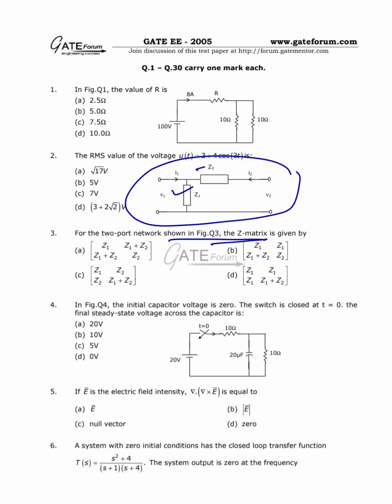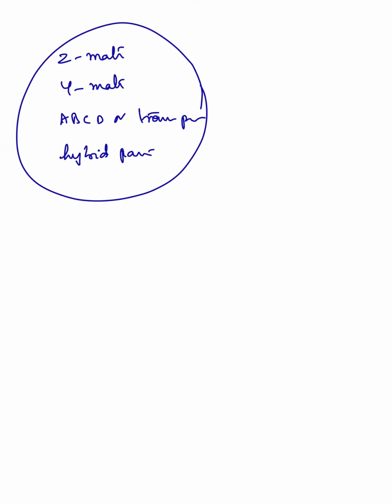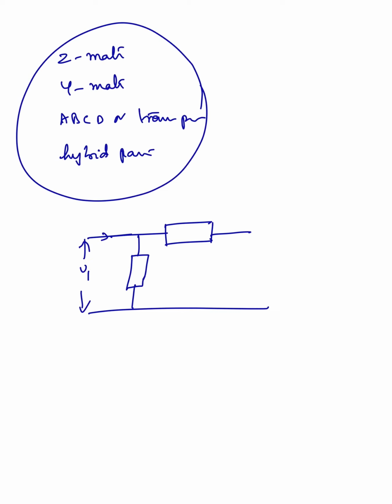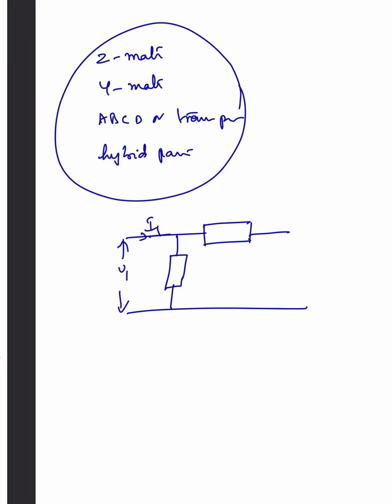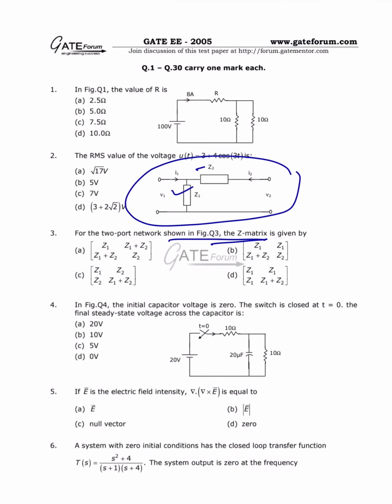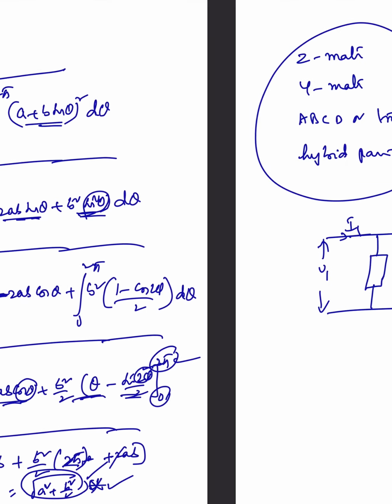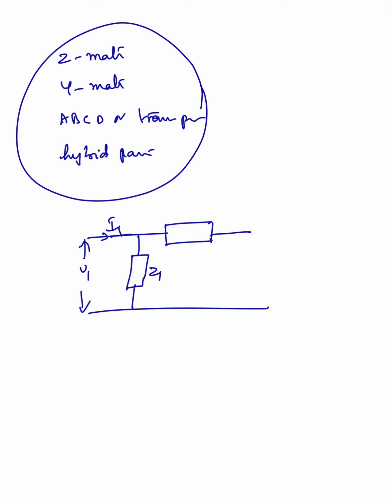This is Z1, this is Z2, this is V1, this is I1, Z1, Z2, this is I2, this is V2.